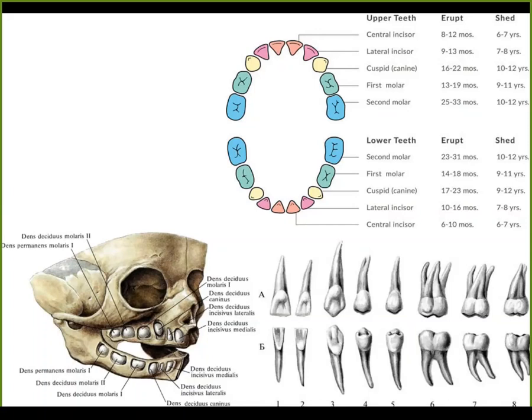What functions do these components of our oral cavity have? First of all, it's mechanical destruction of food. We need to destroy food into many small particles to form a bolus for easy swallowing. And we have two main groups of teeth.